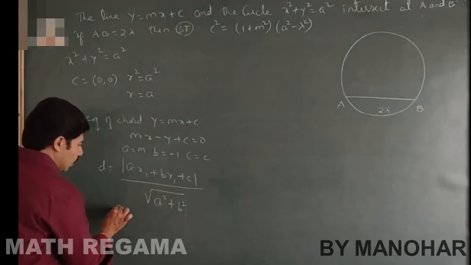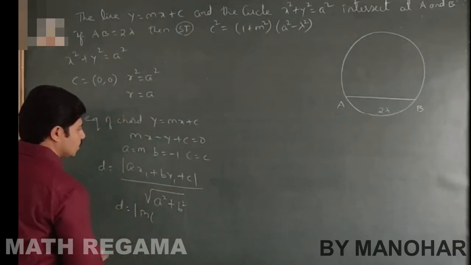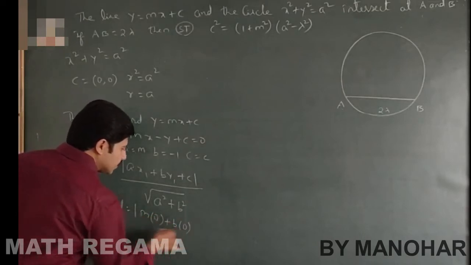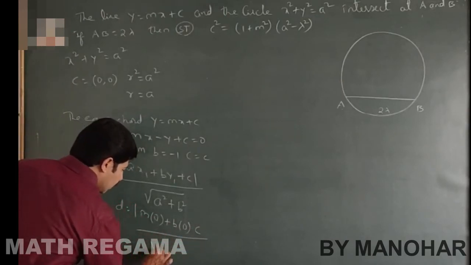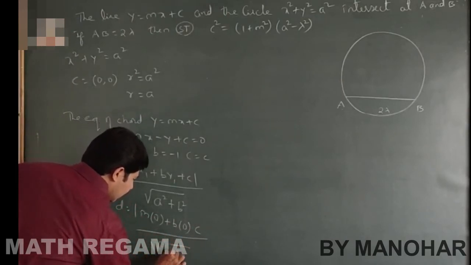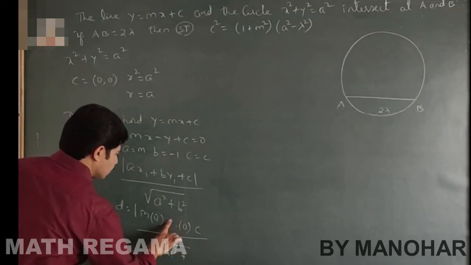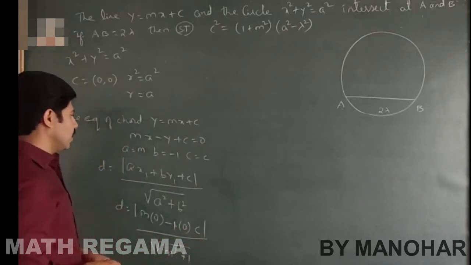So d is equal to the a value, m into x1 is 0, b into y1 is 0, c value is c, by under root of a square plus b square. Sorry, b value is minus 1. I'll repeat.